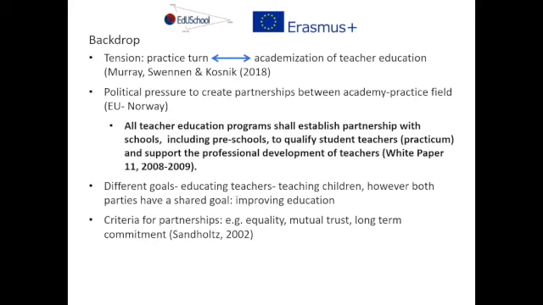We also studied the criteria for partnerships, which we find in Sandholt's work, which are equality, mutual trust, long-term commitment, etc. So the power balance in these partnerships is not only to the benefit of the university, but also to the schools.